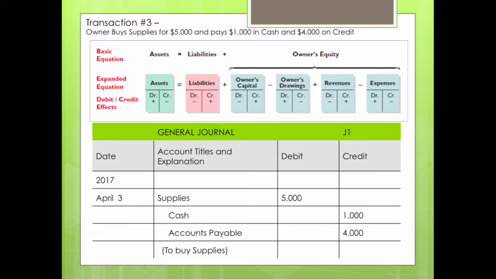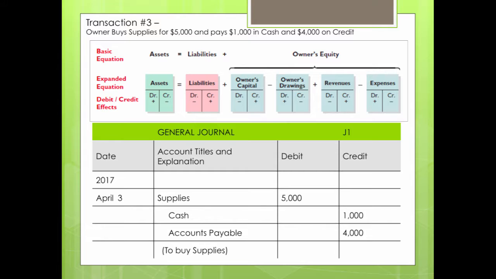What I'm going to do for this week is add a third transaction. And I'm doing that to show you how to record what we call compound entries. Compound entries is a journal entry that affects more than one debit or credit.